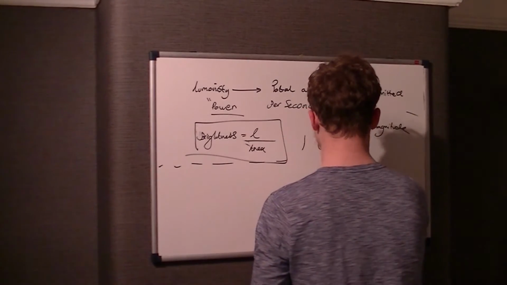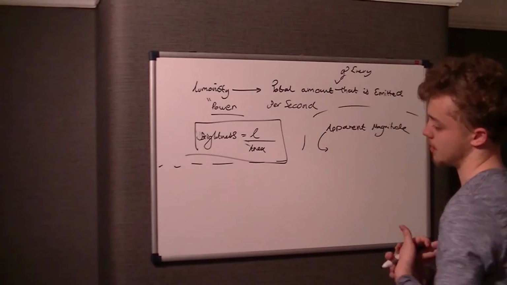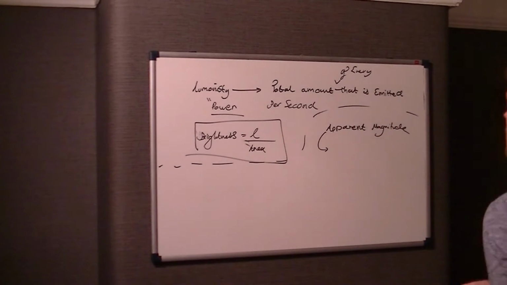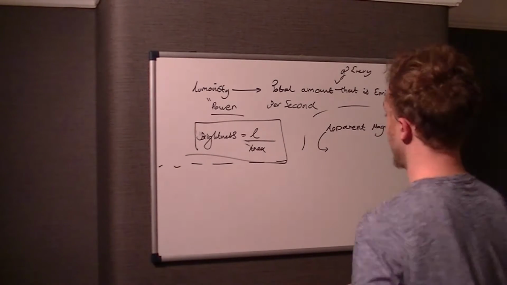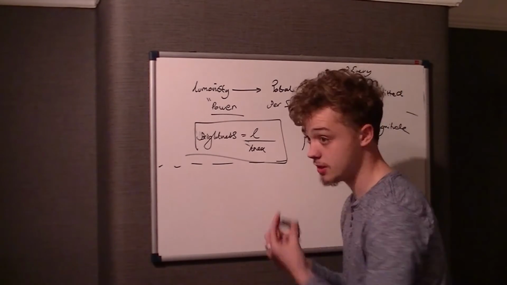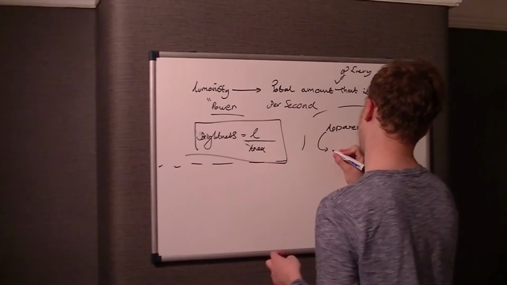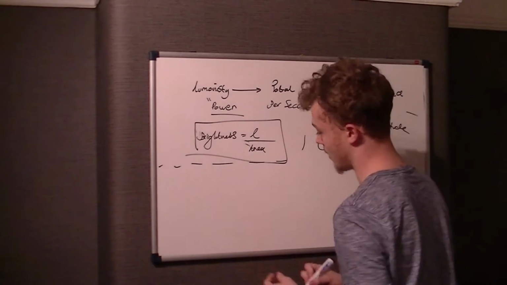It's just how bright it seems where we are. We don't take into account that it's travelled through space and time. We don't take into account the distance. It's just how bright it appears to be.